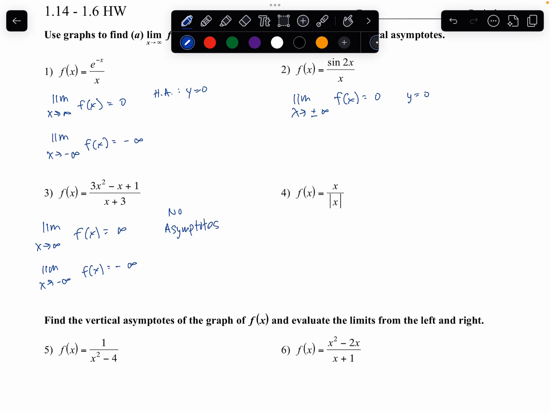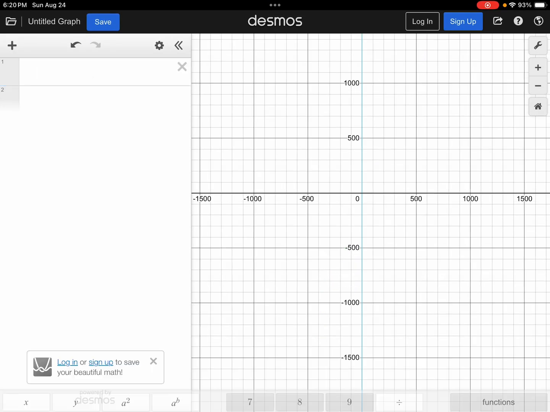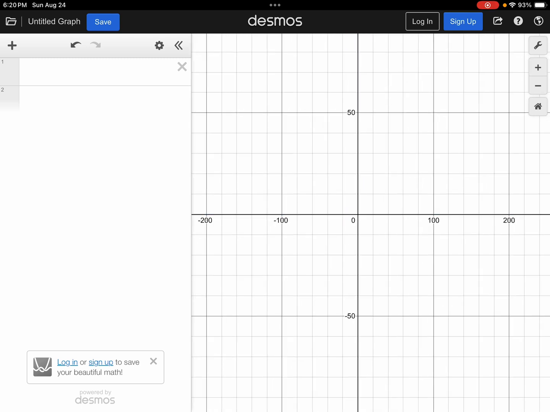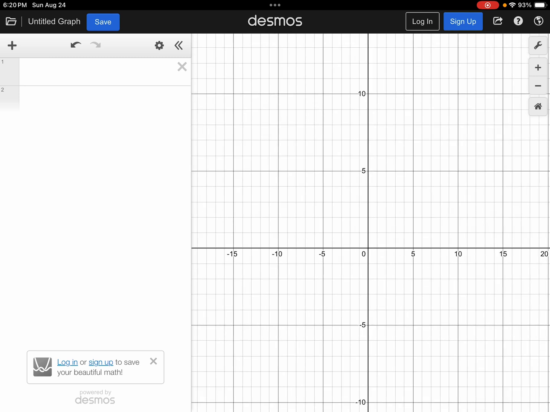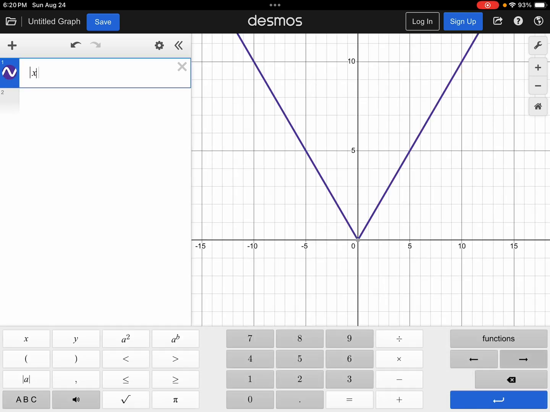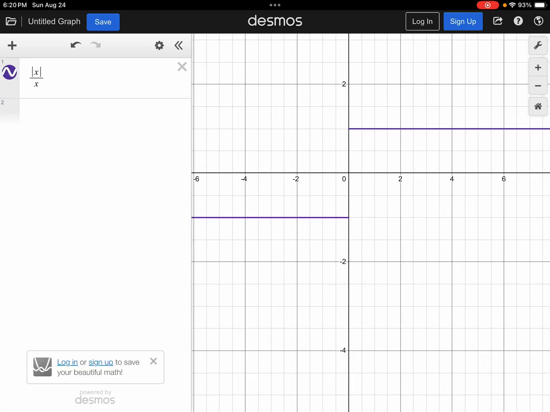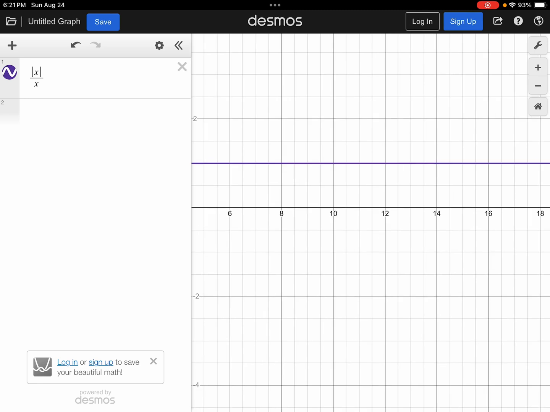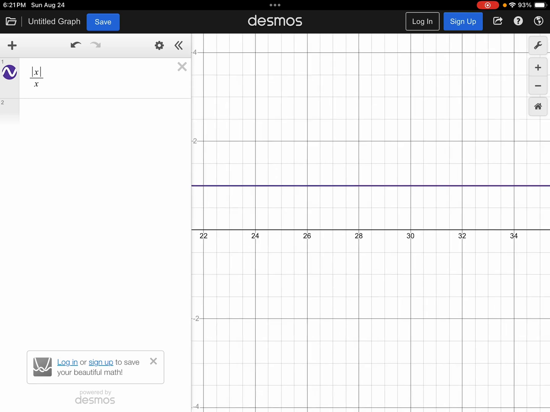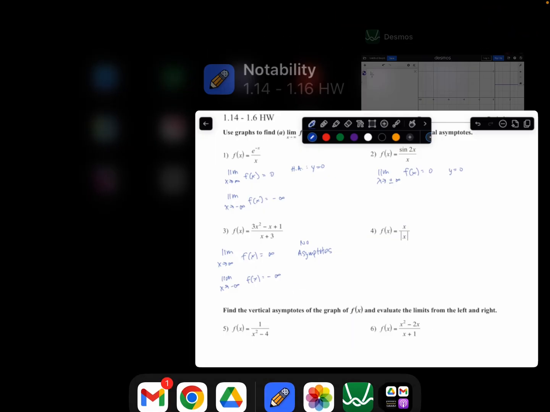And then for x over the absolute value of x, we've seen this quite a bit over the last little while. I should probably zoom in a lot. Okay, so the absolute value of x divided by x, we've looked at this one quite a bit over the last couple of lessons, but as x approaches infinity, the function values are always just 1, and then for negative infinity it would be -1.